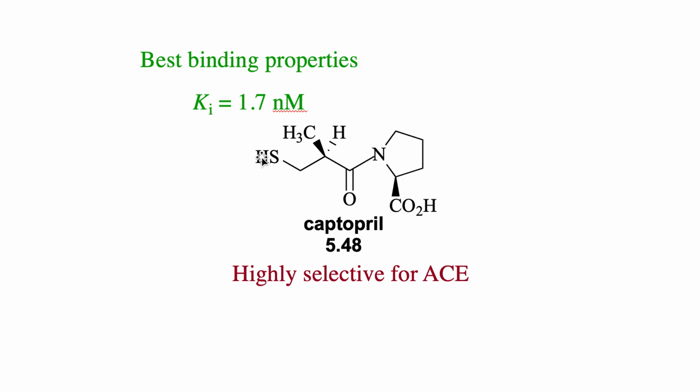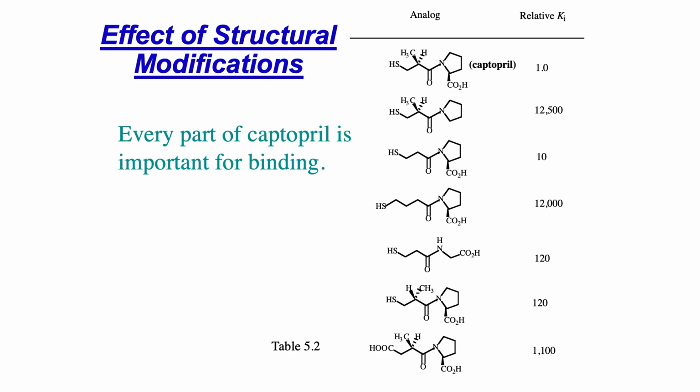So they have a really good inhibitor, the Ki, this is captopril. They were able to do some structural modifications. You can see it's kind of going the reverse way till they got to captopril. Basically, they couldn't get anything better than captopril.